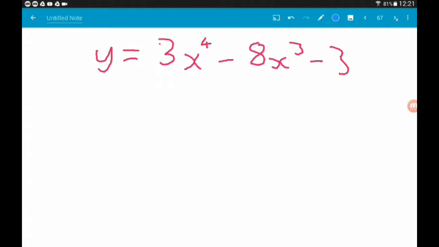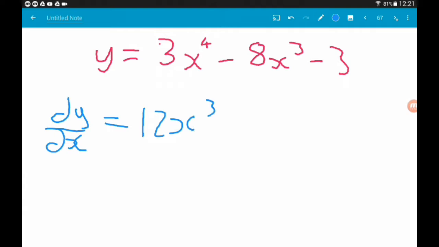So let's do that. dy by dx, well, that's going to be 12x cubed minus 24x squared. The minus 3 differentiates to 0, so it's all good.